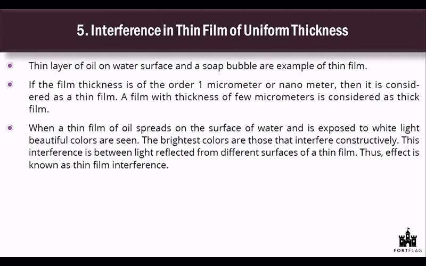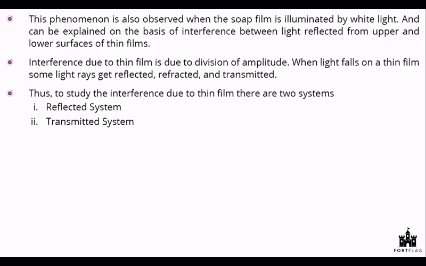I'm sure you all might have observed this. So beautiful colorful patterns are seen whenever oil is spread on water. Bright colors are seen. These are surface effects, or interference effects occurring on the surfaces.